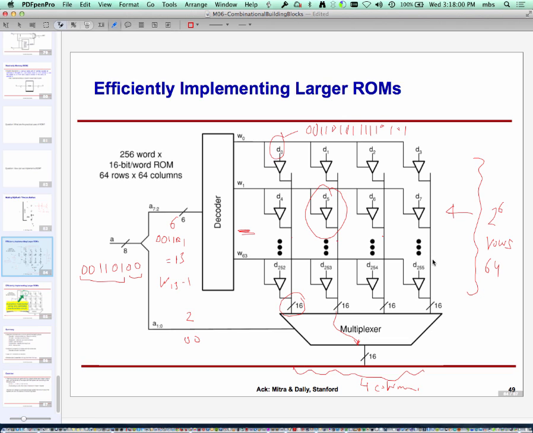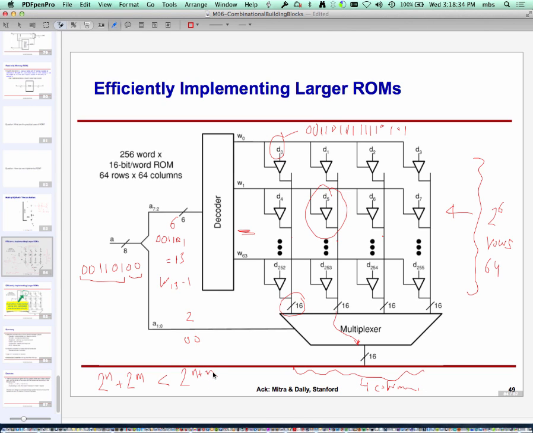If you go to my original example of 32 bits, it would have meant 4 billion rows. If I split it 16 and 16, I will have 65,000 rows and 65,000 columns. In general, 2 to the power n plus 2 to the power m is less than 2 to the power n plus m.